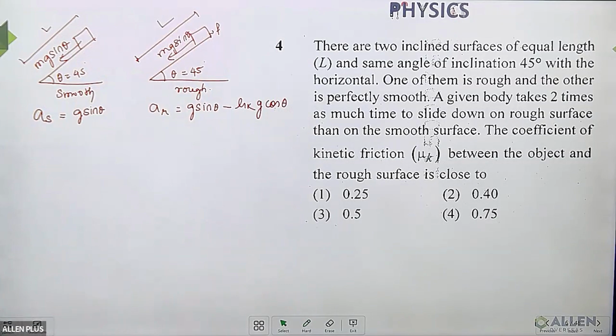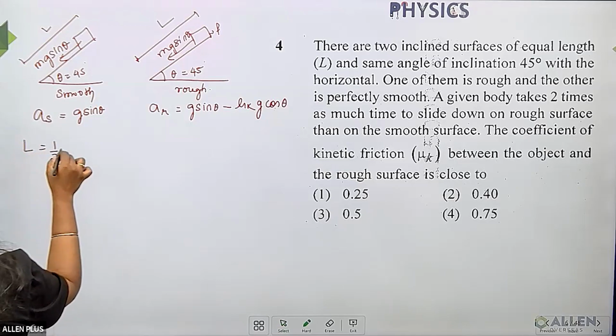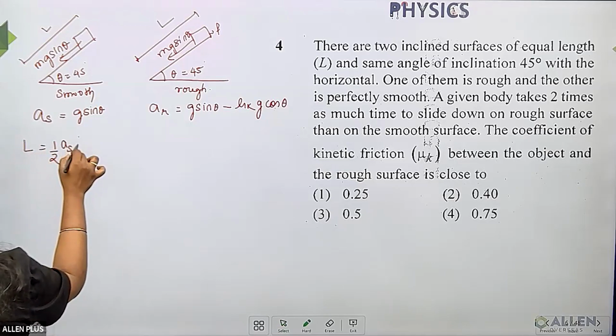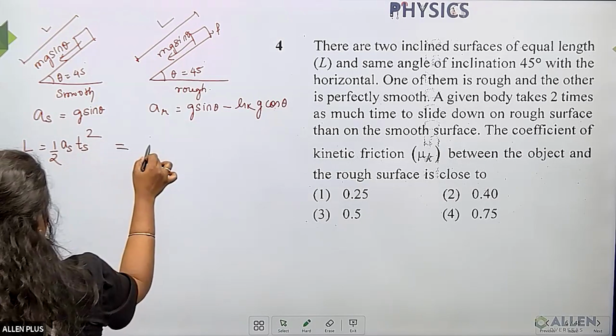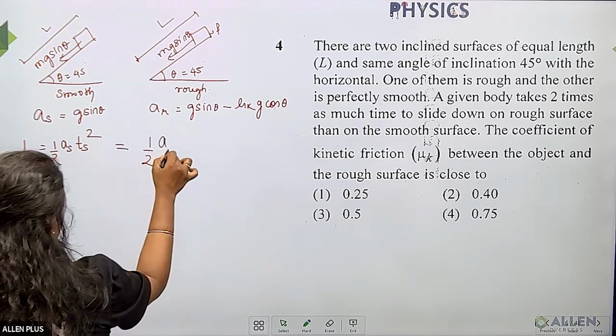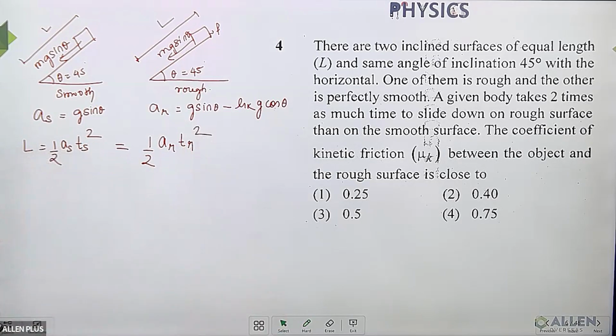So I can directly apply the second kinematic equation. I can say L is equal to half A_S T_S squared. This will be equal to half A_R T_R squared, where A_R is the acceleration of the body on the rough surface and T_R is the time taken for the body to slide down the rough surface.